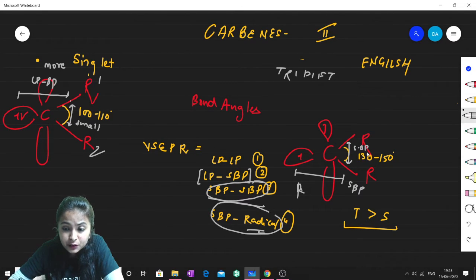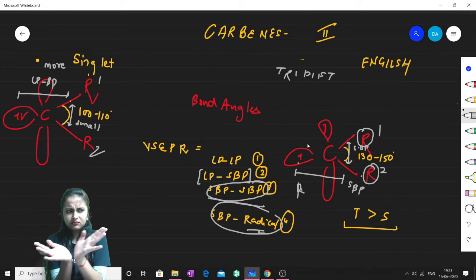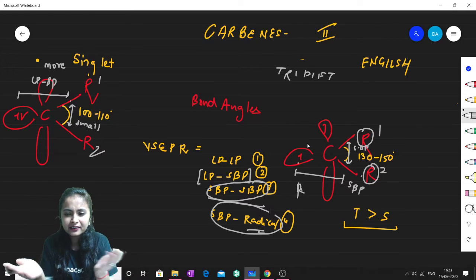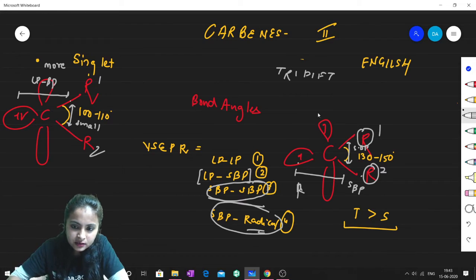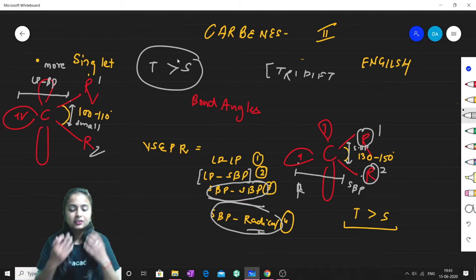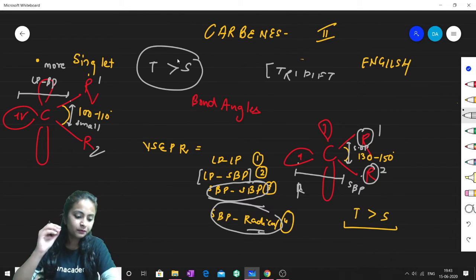So now at this point, repulsion between R1 and R2 is greater than that between R and this radical. Therefore R1 R2 gets elongated, or you can say the bond angle will increase. So this is the reason why the bond angle of triplet is greater than that of singlet. I hope this bond angle concept is clear to you all. If you have any query, any doubt, please do let me know.